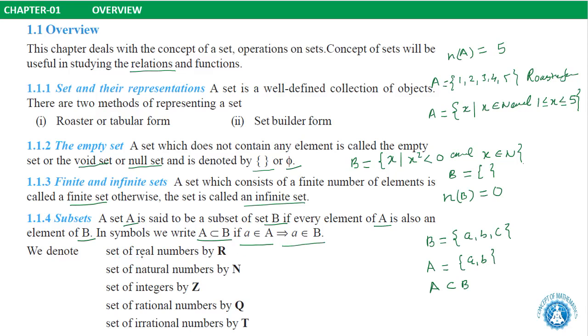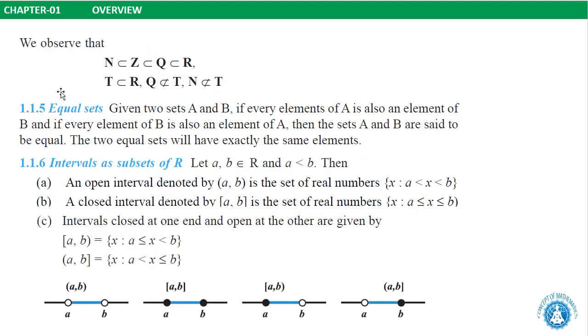We denote the set of real numbers by capital R, natural numbers by N, integers by Z, rational numbers by Q, and irrational numbers by T. We observe that the set of natural numbers is a subset of integers, and it is a subset of rational numbers, and it is a subset of real numbers. Next, the set of irrational numbers is a subset of real numbers.